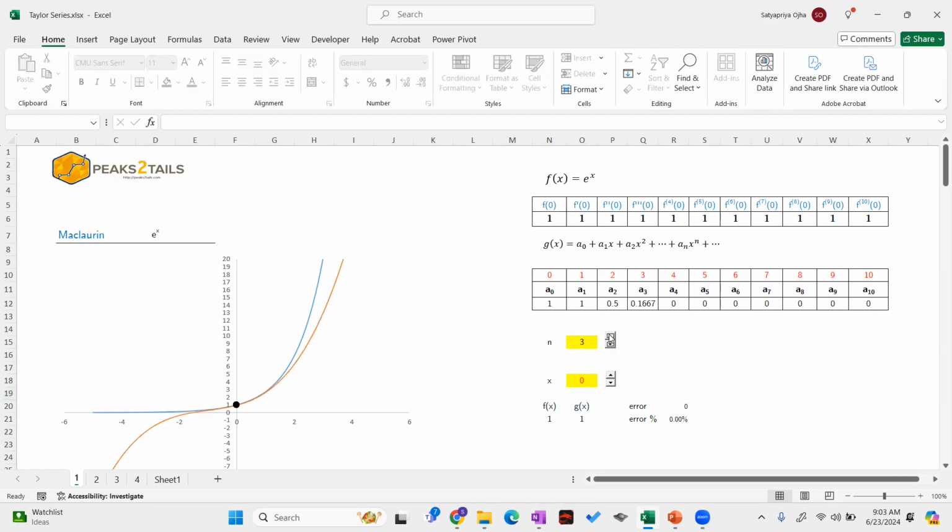And you can keep increasing. I have till 10. This is beautiful, right? Practically the same curve.